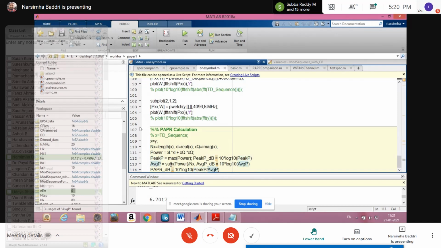The data is complex valued, with a real part and an imaginary part, and complex conjugate multiplication will give the power. The maximum of that gives the peak power, and in dB it is the peak power in dB. Similarly, the average power is the sum of that divided by the number of samples. The ratio of peak power to average power gives the PAPR.